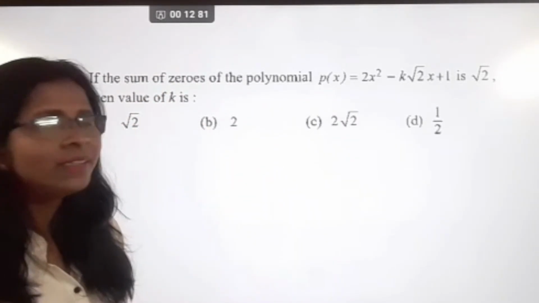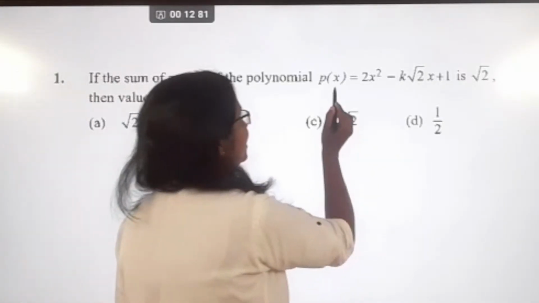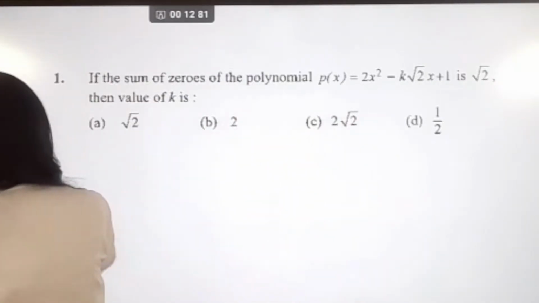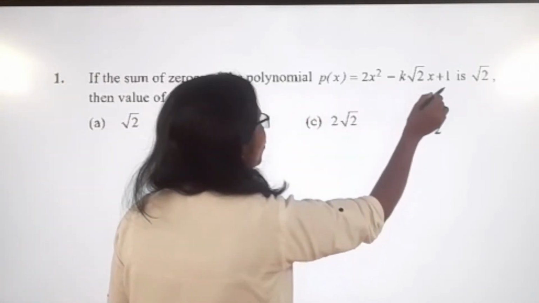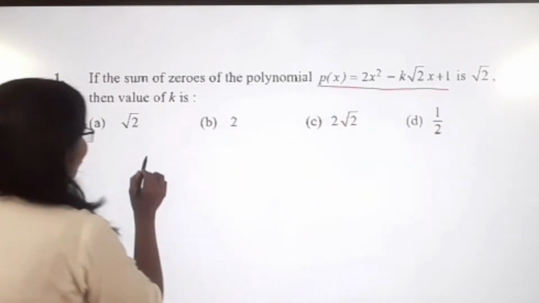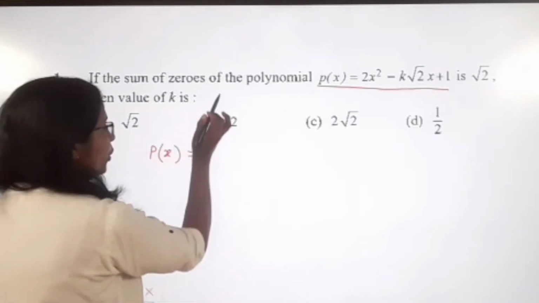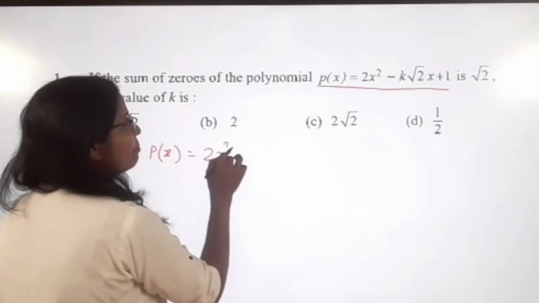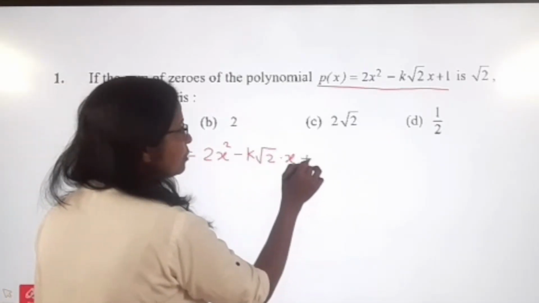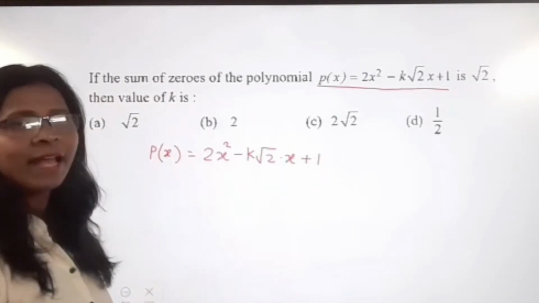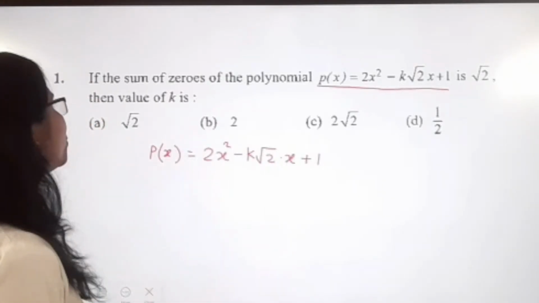Yes students, here the given equation is in quadratic form. This is the polynomial in x and which is of the quadratic form. So here I write p of x is equal to 2x square minus k root 2 x plus 1. And the sum of the zeros of this polynomial is root 2.